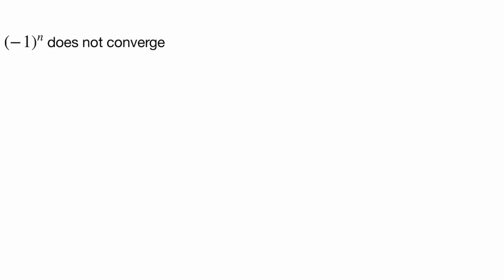But now we have a second proof. So this is a new proof to this problem, and my new proof looks like this. Notice, take the odd terms as a subsequence.